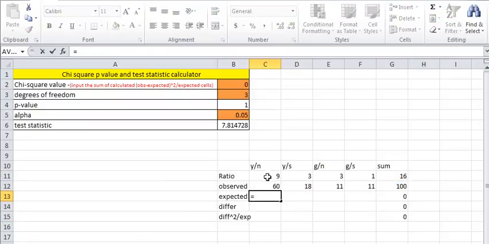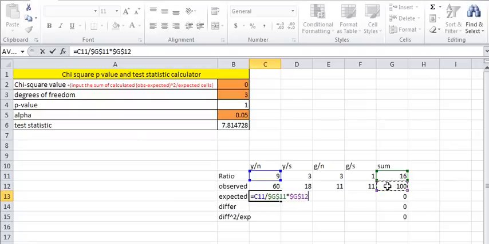I'm going to do equals the ratio, which is 9, divided by the sum of the ratio, which is 16, that's G4 over G11. I'll press F4, or put a $ in front of the G and the 11 to make it an absolute reference, and then multiply by the sample size, which is already here in G12. I'm also going to make that an absolute reference.